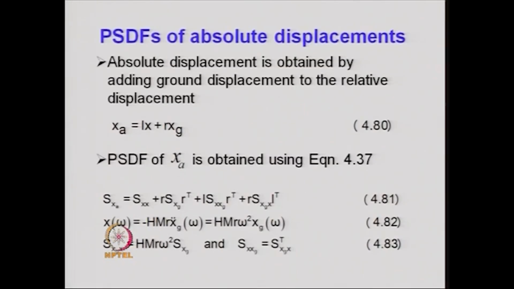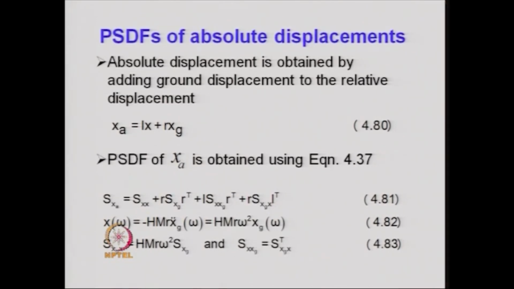Next, let us come to the absolute displacement, that is how to obtain the power spectral density function of absolute displacements of the responses. Whenever we have a multi-support excitation system, we have seen that there are two displacements that one needs to consider.